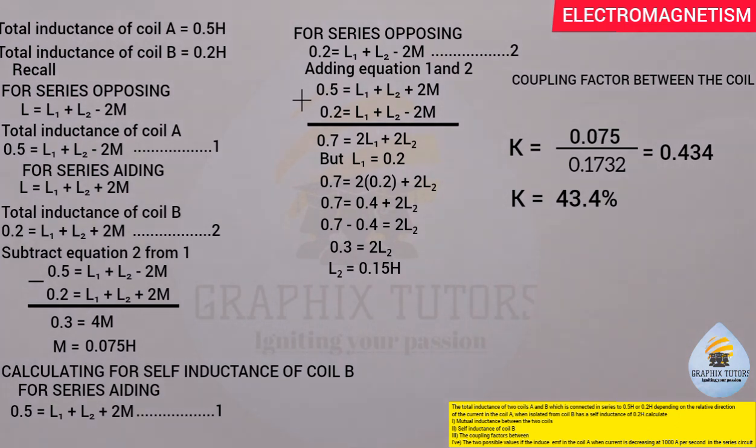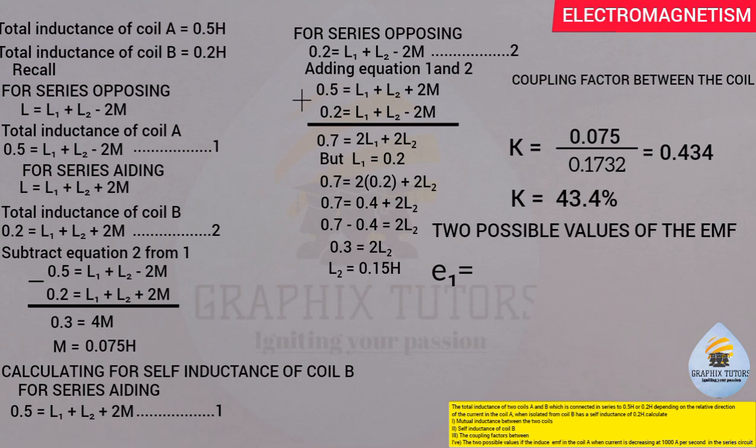Now, aside from that, we are told to calculate the two possible values of the induced EMF. So if we do that, the voltage of coil 1 is given to be L1 times di over dt, that is the inductance times the rate of change of the current, plus or minus the mutual inductance times the rate of change of the current, multiplied by 1000.